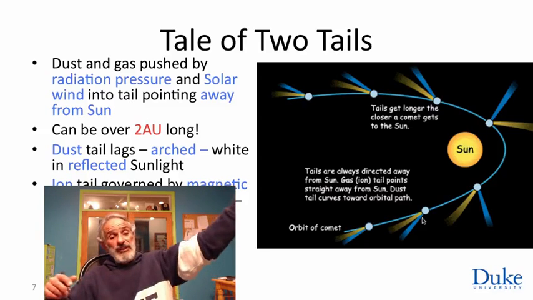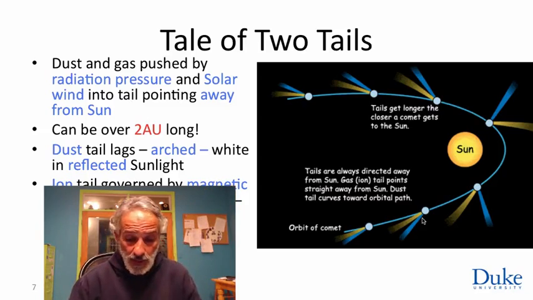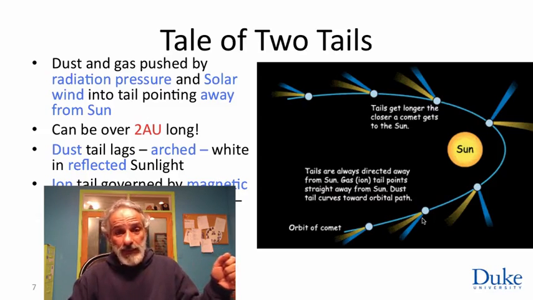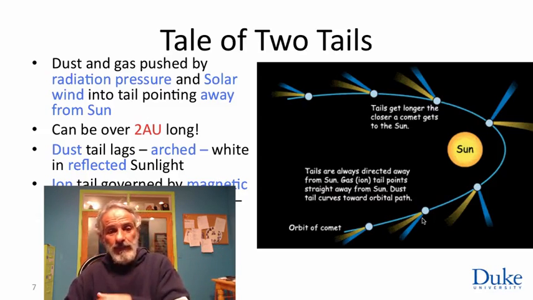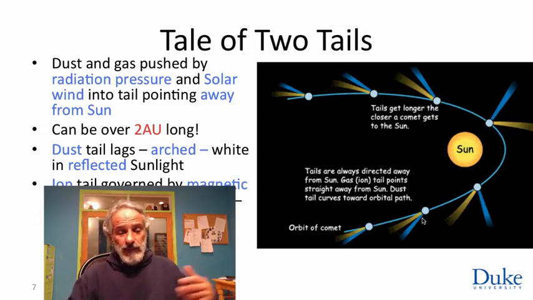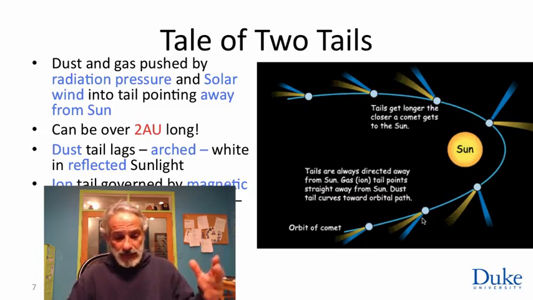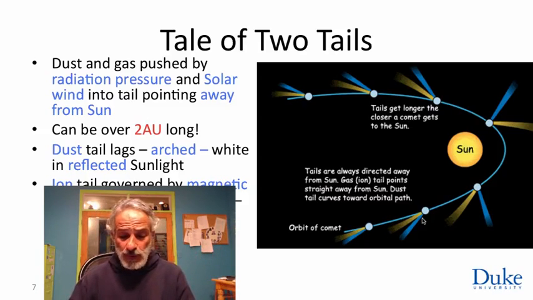These are solar system scale objects, these tails, that always point away from the sun, so that as a comet is approaching the sun, the tail stretches behind it. As it is moving away from the sun, the tail precedes it. This is not a problem. The two tails have to do with the two mechanisms.